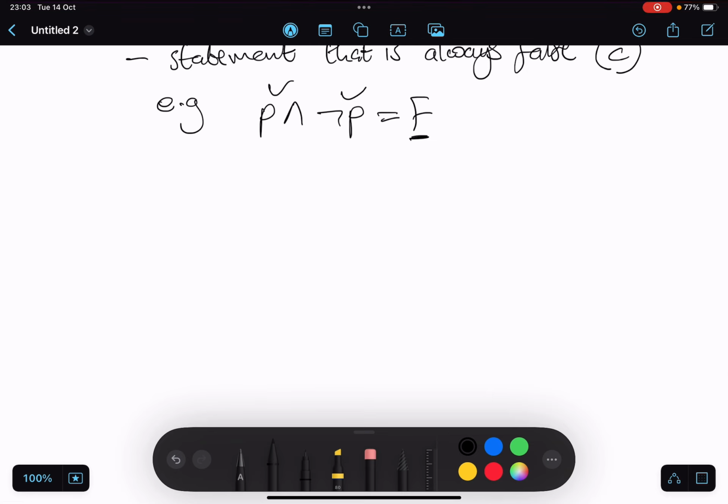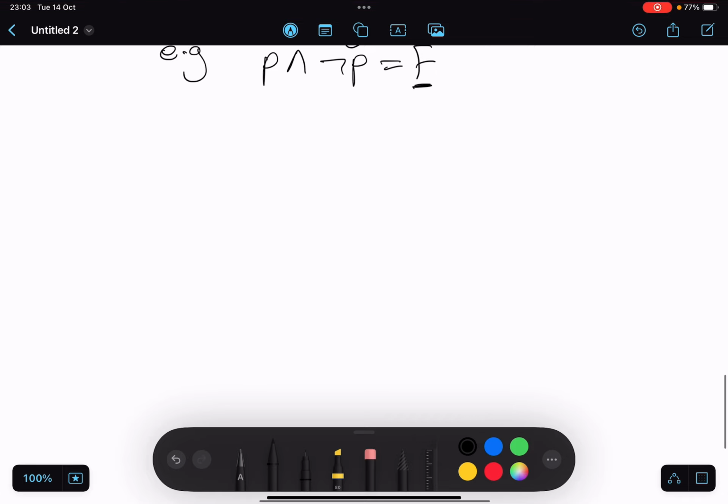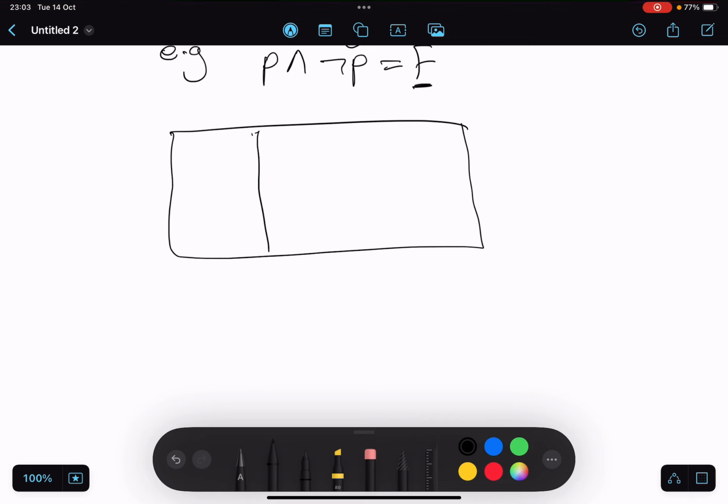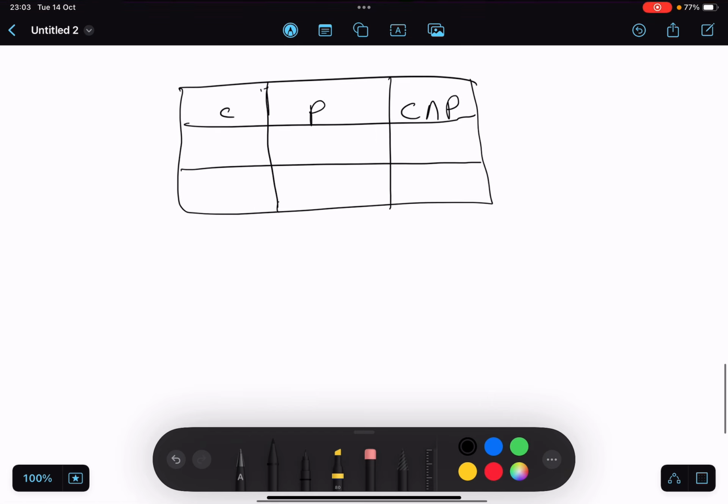With contradiction, we can also evaluate it using the truth table, whereby we have a contradiction statement and a proposition, and we use the conjunction operator. Obviously the contradiction statement is always false, and the proposition can be true or false.